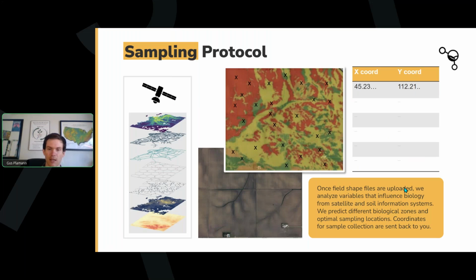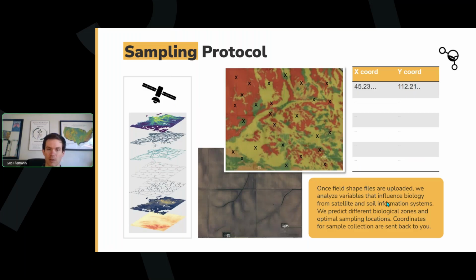Once that map of the field is uploaded, Biomakers automatically analyzes all those variables that I mentioned, like NDVI, soil texture, soil type, soil moisture, and those are all known to have a heavy influence on shaping and selecting for biological soil microbe populations. So that data is used to predict which biological zones are representative and need to be sampled in order to map out the soil biology across a field.